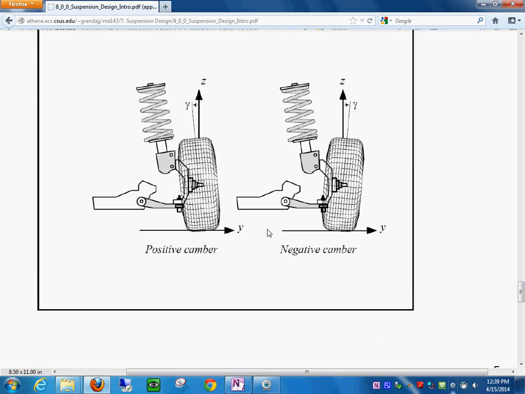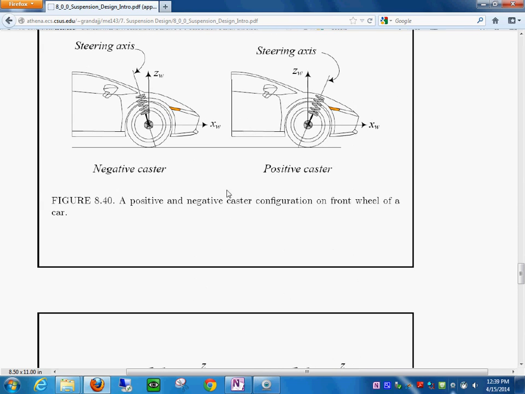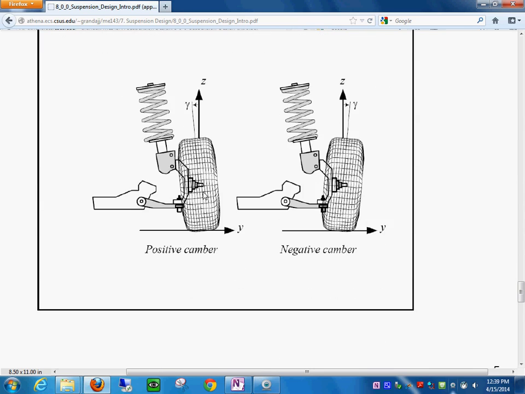Now, caster is the rotation about the vertical axis, about the z-axis here. But in this case, camber is the inclination of the axis about the x-axis, see? So you have here positive camber or negative camber.